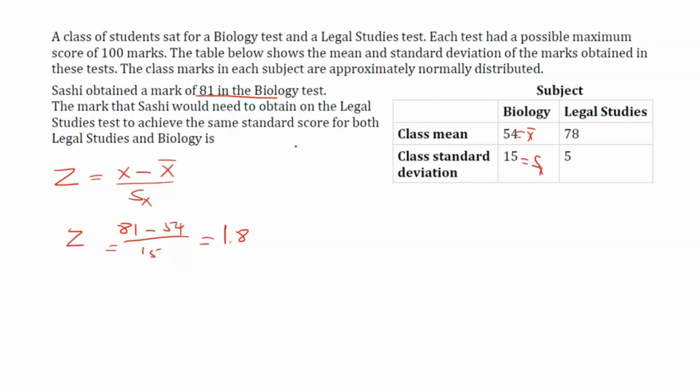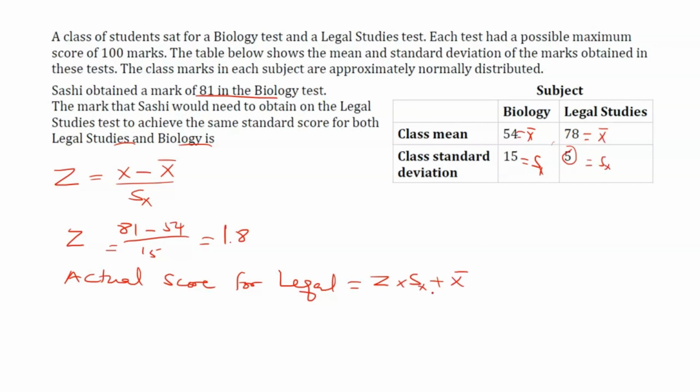Now we want to work out what she needs to get for the same score. The actual score for legal equals Z times the standard deviation plus the mean, where the mean and standard deviation are for legal.